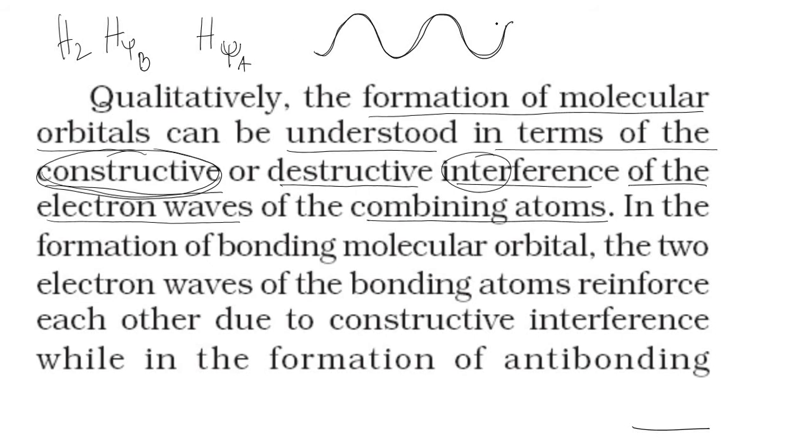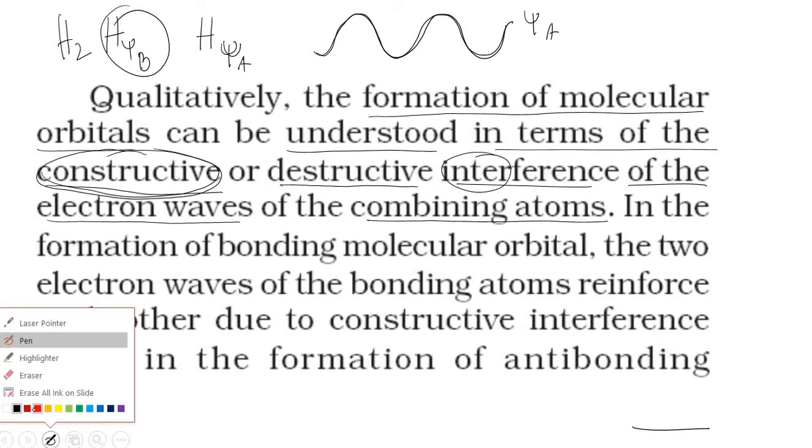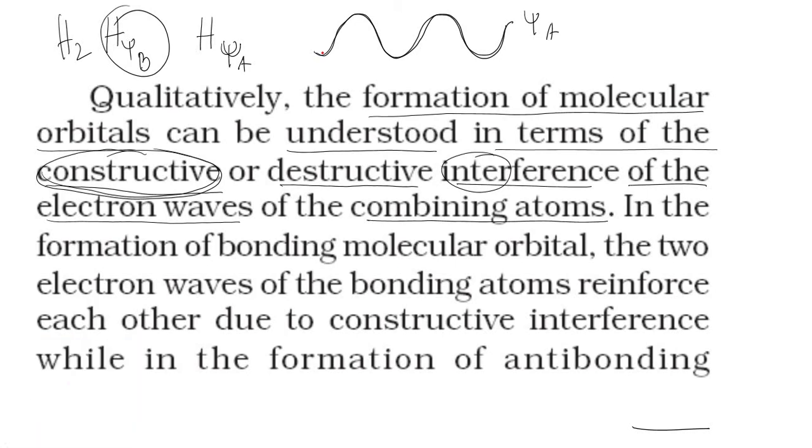If this psi of A is having a constructive interference with psi of B, then it will be on this only. That is called constructive interference.